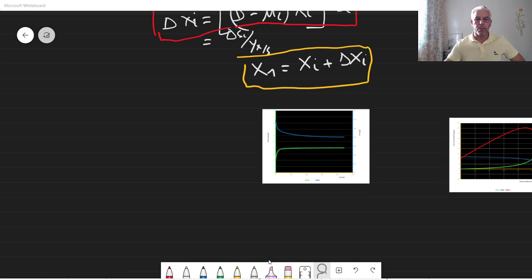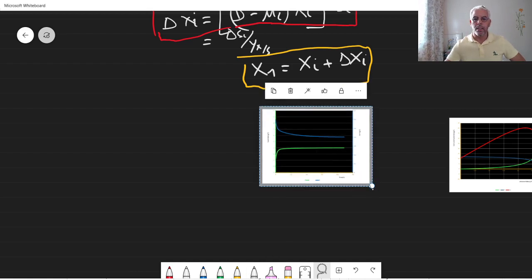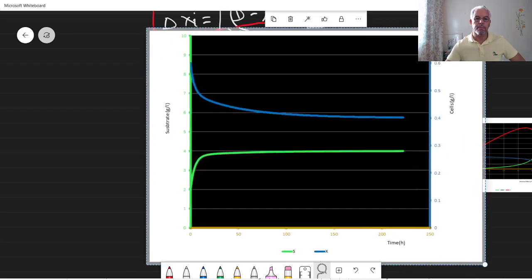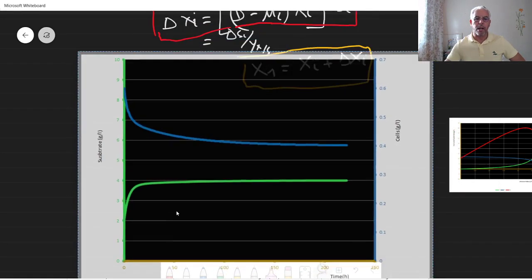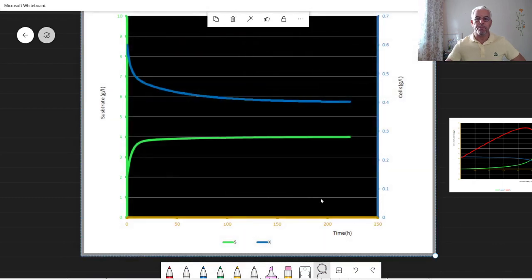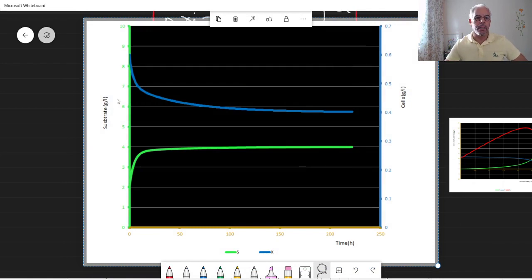So we're going to get back to our board, and this graph here shows the substrate in green, and the concentration of X in blue.